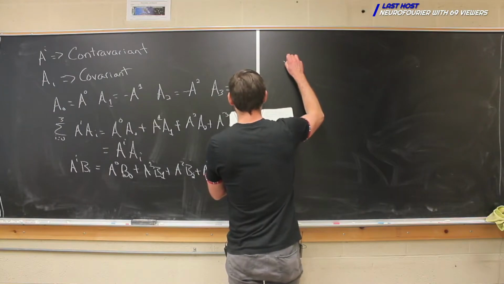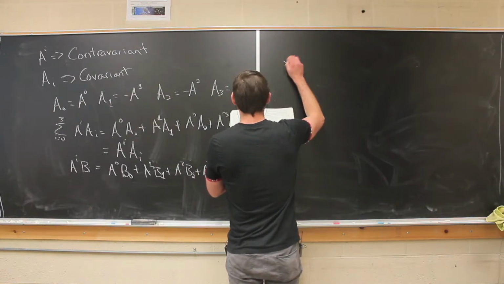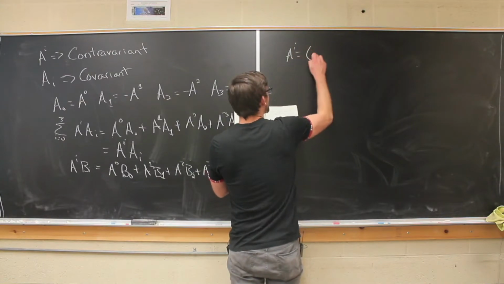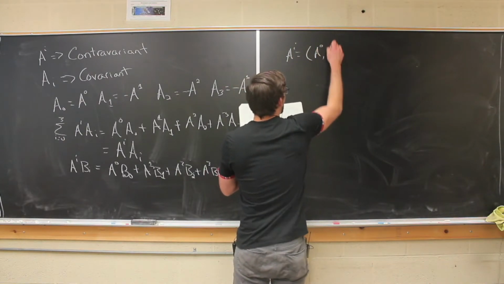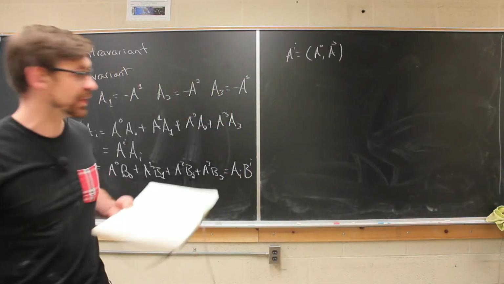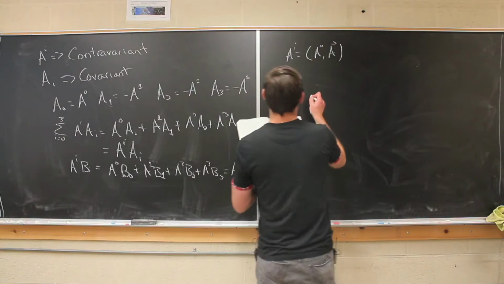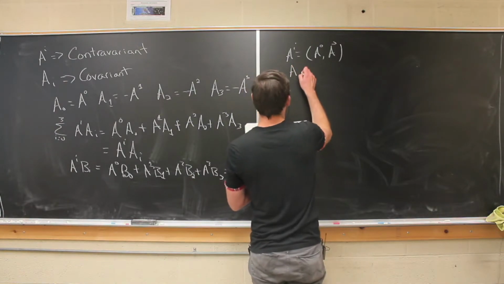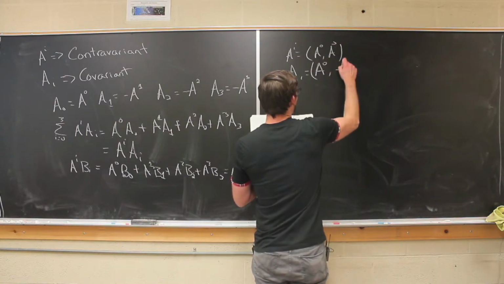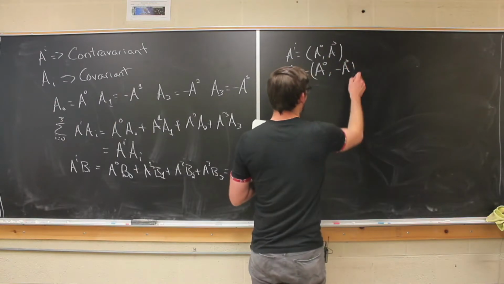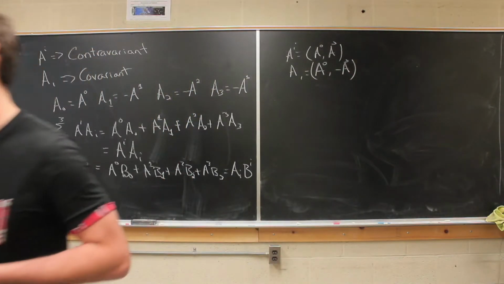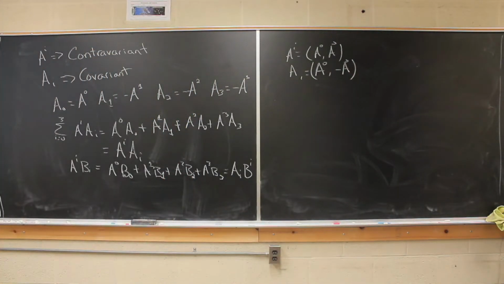For instance, if we were thinking about our 4-vector A^i, we could write it as A^0 and then our spatial vector as normal. Then we could also write the covariant one as A^0 and minus the spatial vector. We're still writing it in our contravariant form, but then we can add the minus where it's appropriate.